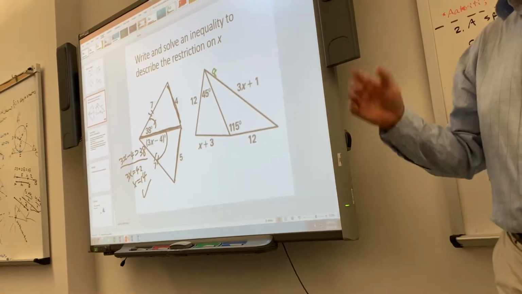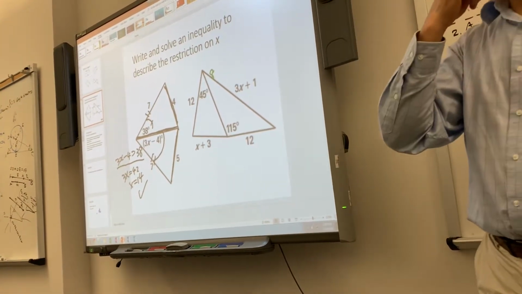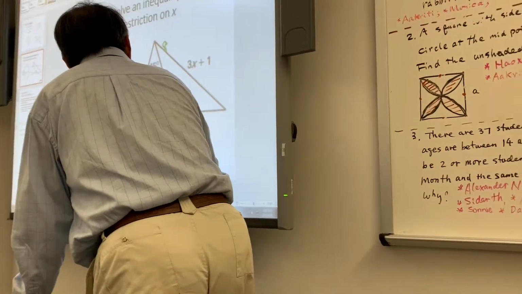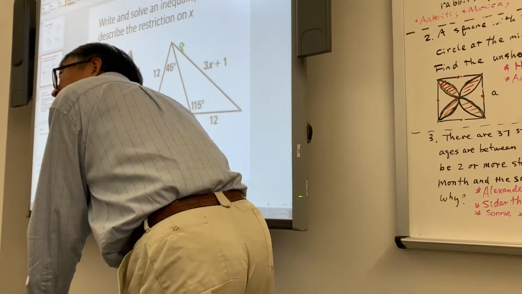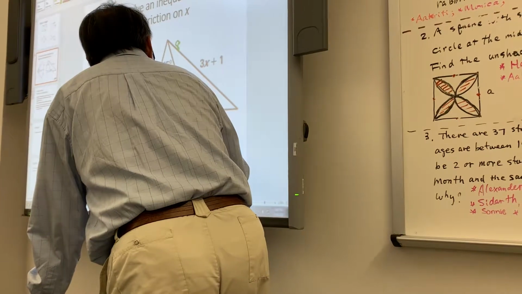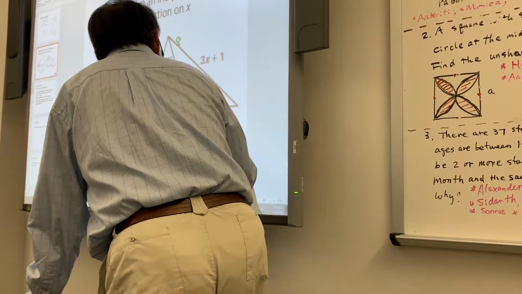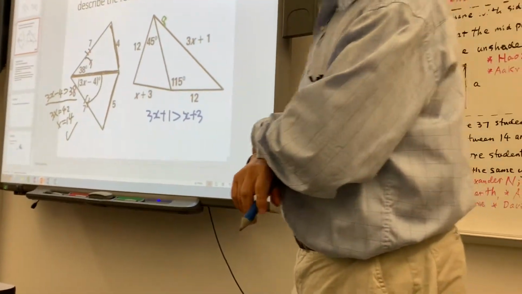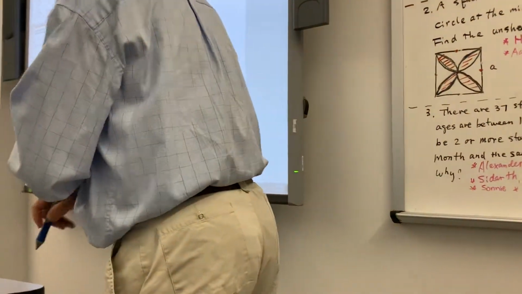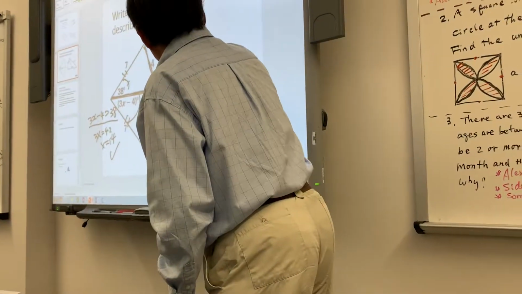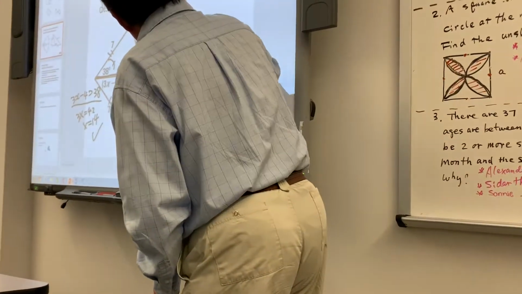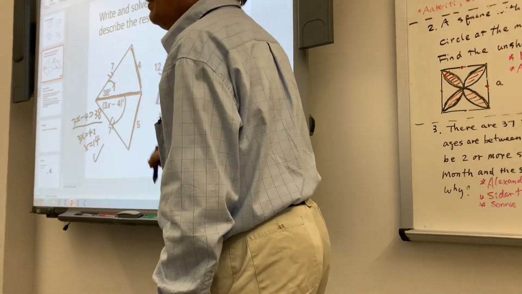Set up the inequality. Yes? 3x plus 1 is greater than x plus 3. This young lady is always right, good. Could you tell us why you get the inequality like this? Because 12 and 12 are equal to each other. And then the line in the middle is reflexive, so it is congruent.